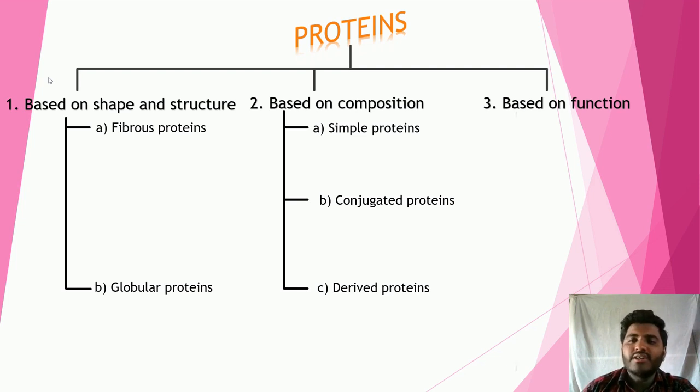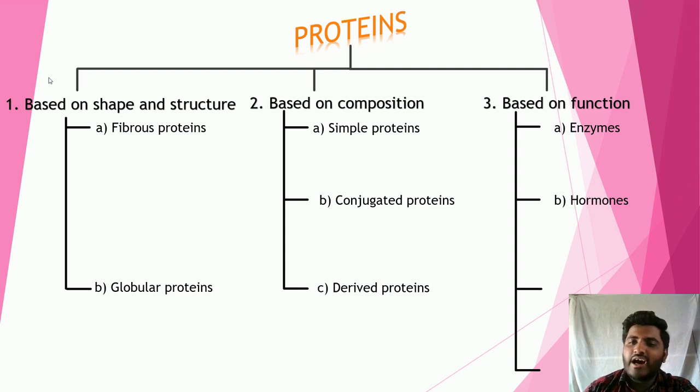And based on function, the proteins can be classified into four categories, based on what they are doing in our body: first enzymes, second hormones, third transport agents, and fourth some structural materials. Now we will study each one by one.